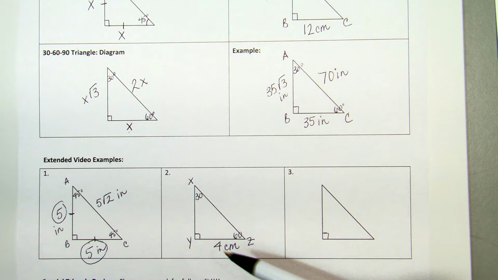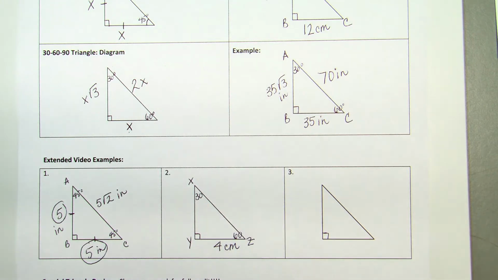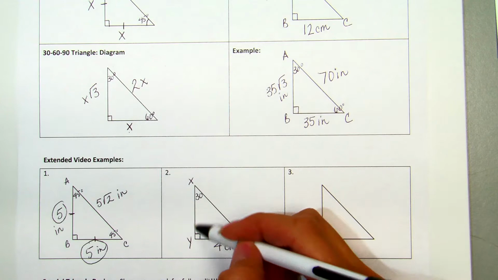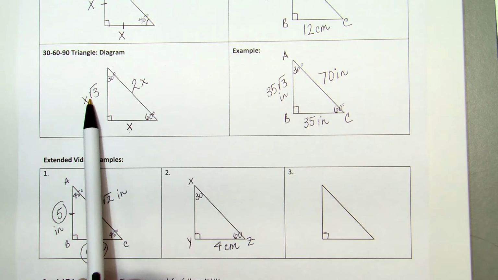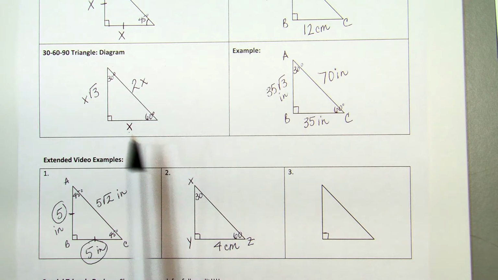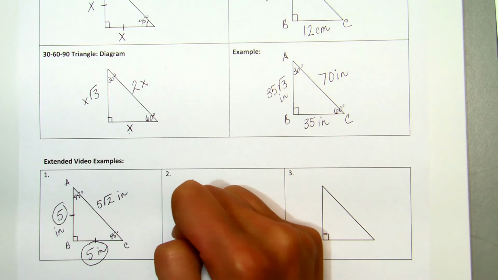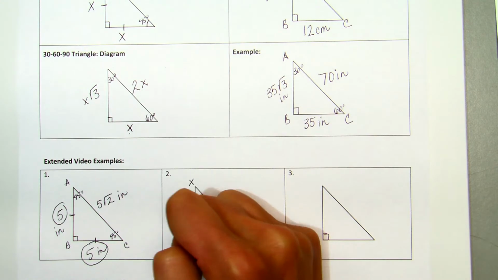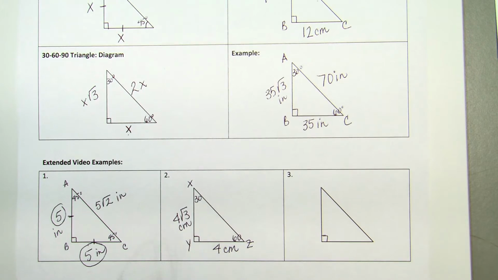So in this case, if I only know the leg YZ is 4 centimeters, because this is the smallest leg, because it's opposite of my smallest angle, I know that my other leg is going to be x times the square root of 3. It's going to have the same relationship as 4 with the square root of 3 right after it. So if this one's 4, then this one's going to be 4 square root of 3.